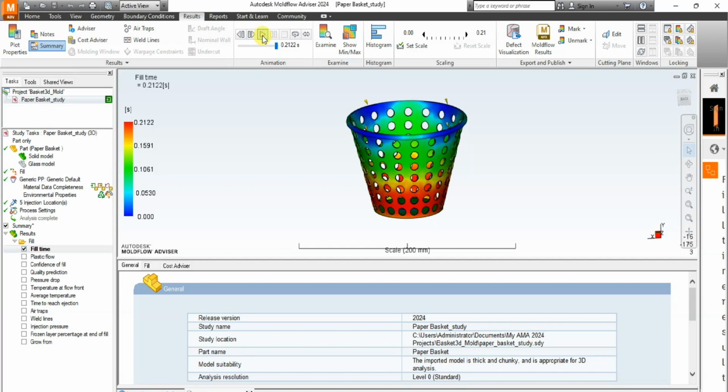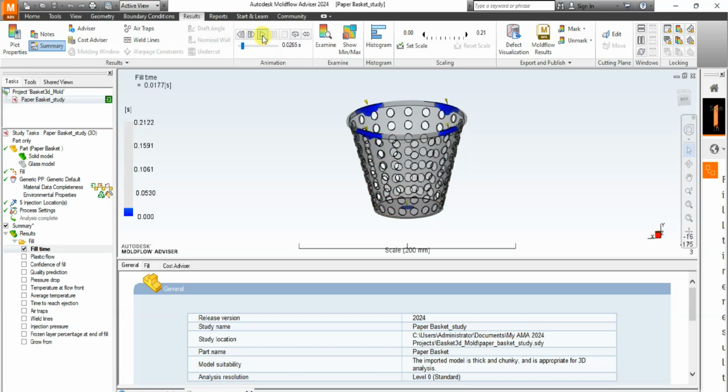What we need to understand is that this clearly indicates structural weakness or perhaps a surface blemish from the mold design, so adjustments might need to be made. Another important thing is that the overlay of the weld line result on the fill time result helps confirm their presence. Weld lines can cause structural and visual defects, and once they are spotted, they should be corrected.